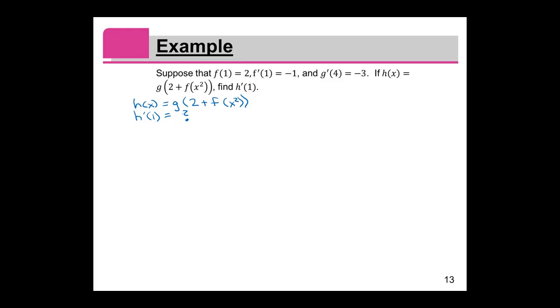Well, let's kind of think about it. So we'll start here, and if I want to take the derivative of that, it's going to be equal to the derivative of g of the inside function, times the derivative of the inside function. And I'll just write it like that. Does that make sense to everybody?